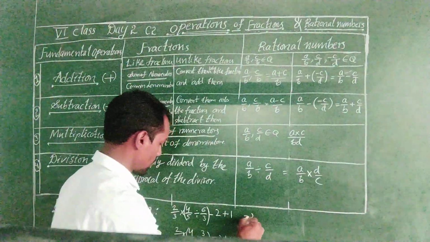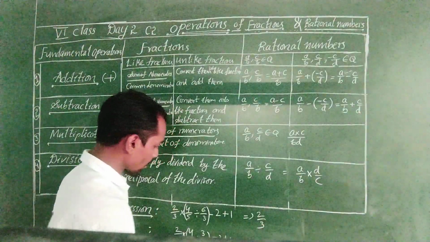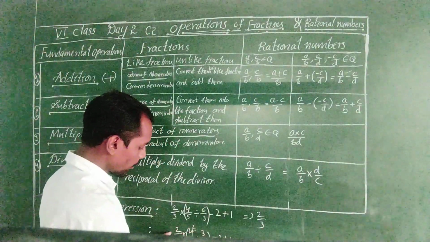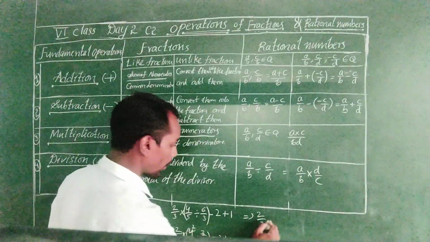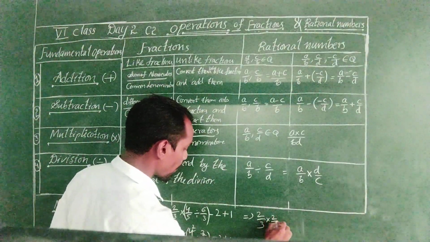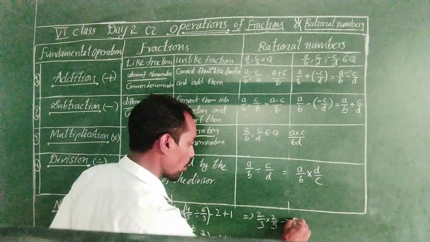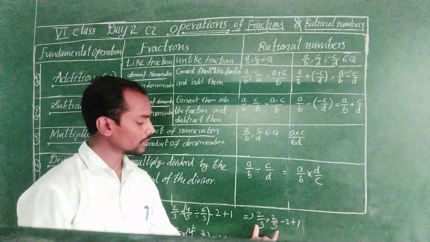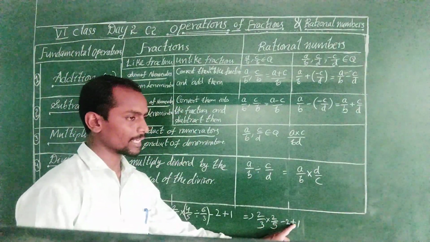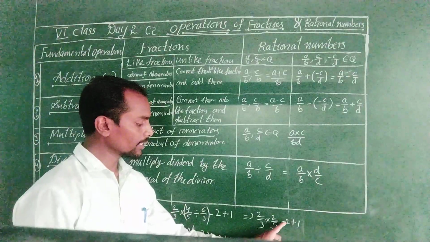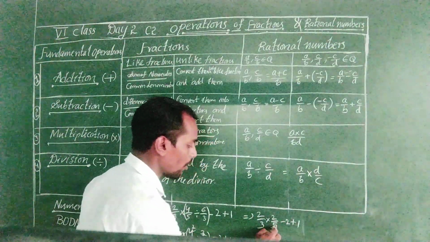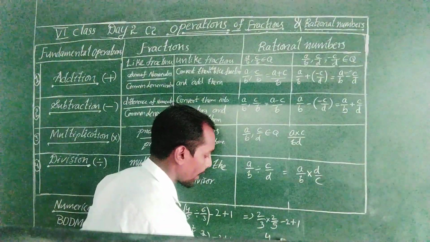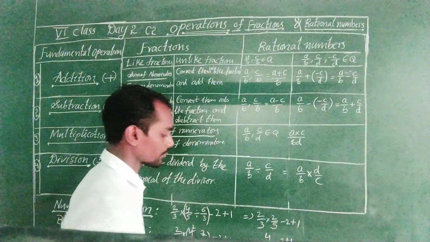After that, 2 by 3, 2 2s are 2, 3 3s are 3, the 3s cancel, 2 1s are 2, we get 2 by 3 into 2 by 5 minus 2 plus 1. Next, you should prefer multiplication before addition and subtraction. Now again multiply: 2 2s are 4, 5 3s are 15, minus 2 plus 1.